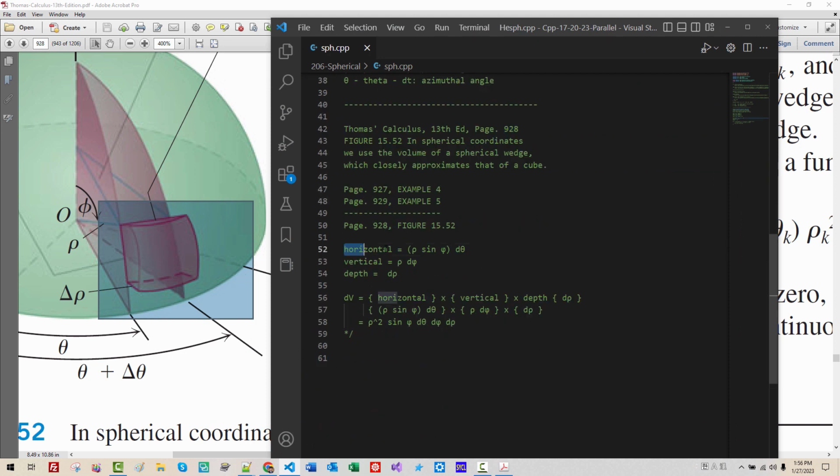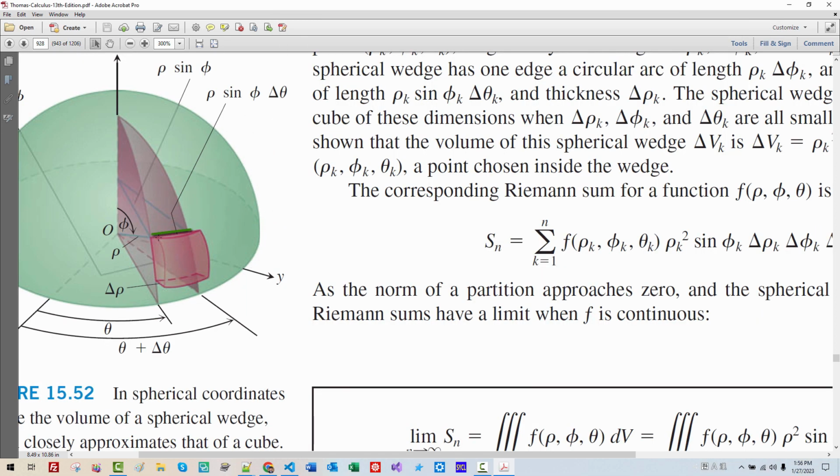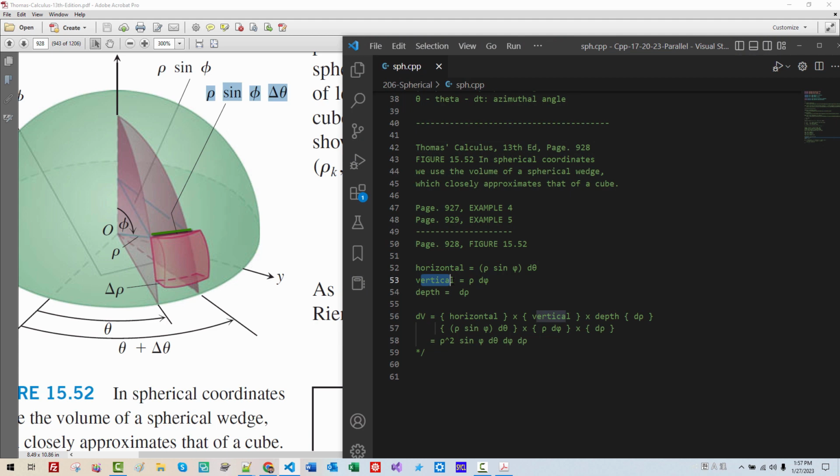Here, this side is horizontal. Vertical is this side. Depth is this side. Horizontal times vertical times depth gives this volume.